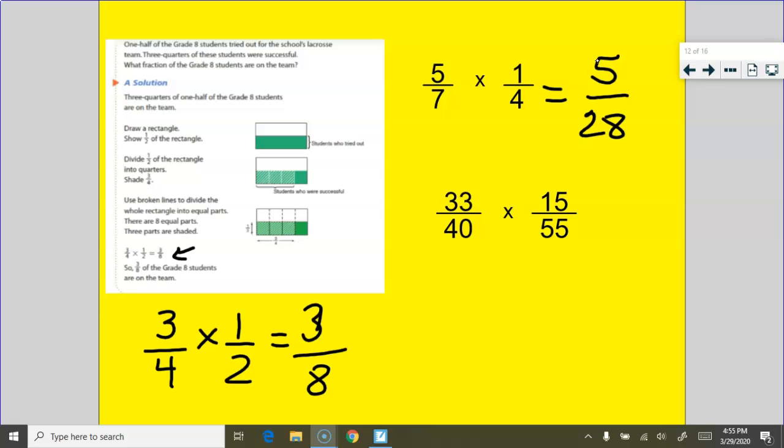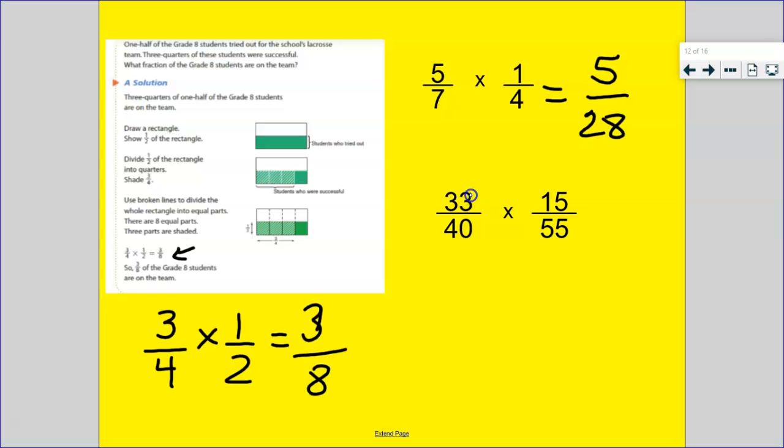So here's a little hint I want to give you here. We've got 2 really big numbers to multiply by each other. So you're better off to reduce before you multiply. So if you look on the diagonal here, there's a number that goes into both of these, and it's 11. So 11 goes into 33 3 times. 11 goes into 55 5 times, so you can reduce those.